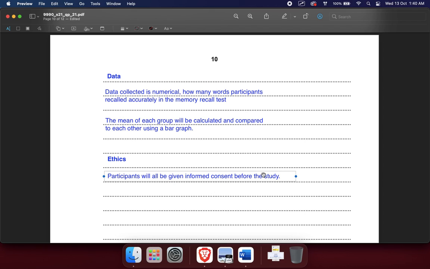You could also say something like, should a participant feel uncomfortable during the memory recall, they will have the right to leave the experiment at any time without any consequences.